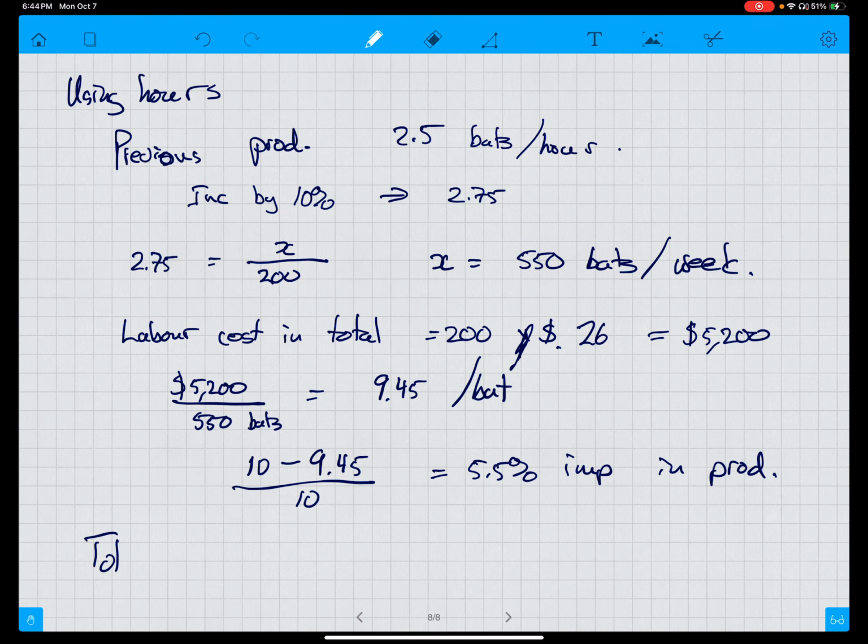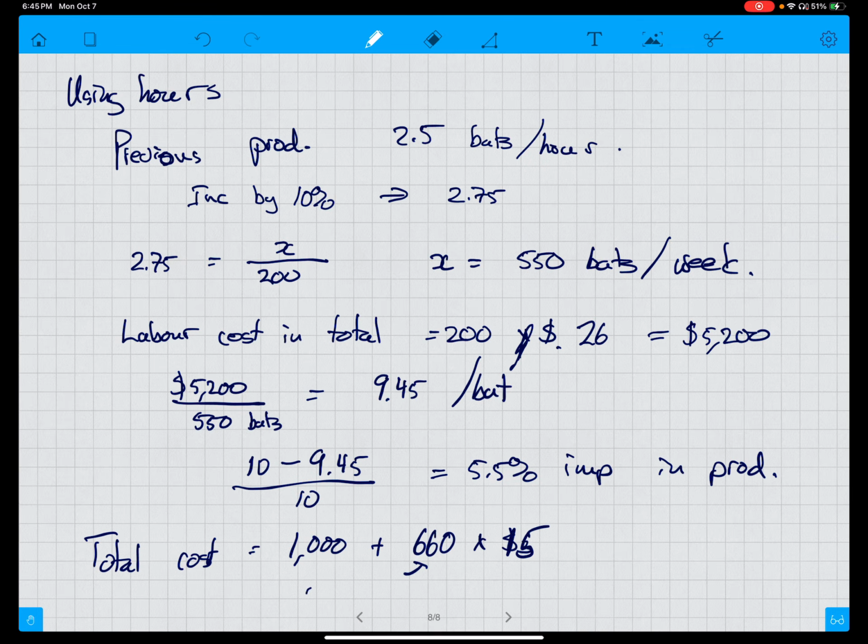If we then look at total cost, overhead hasn't changed, so it's 1,000. This is where there's a trick. We now are going to use more wood, because we haven't changed the wood productivity.